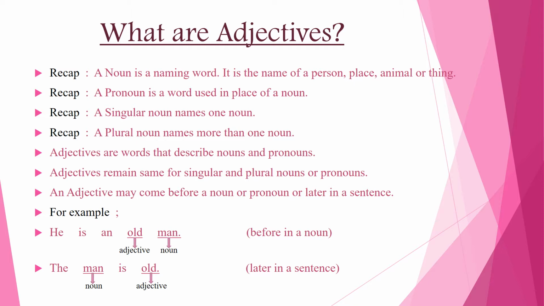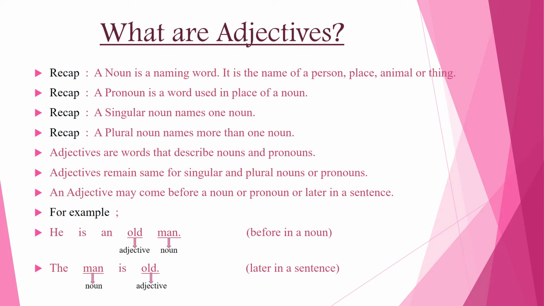What is a pronoun? A pronoun is a word used in place of a noun. What is a singular noun? A singular noun names one noun. What is a plural noun? A plural noun names more than one noun.